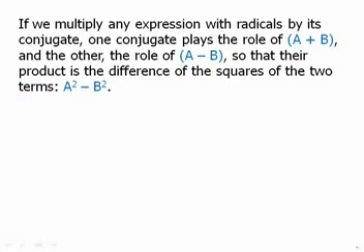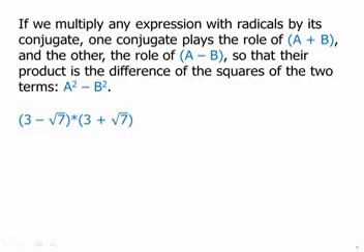Well, if we multiply any expression with radicals by its conjugate, one conjugate plays the role of a plus b, the other plays the role of a minus b, so that their product is the difference of the squares of the two terms, a squared minus b squared. So for example, if we had 3 minus root 7 times 3 plus root 7, essentially what we have here is an a minus b times an a plus b.